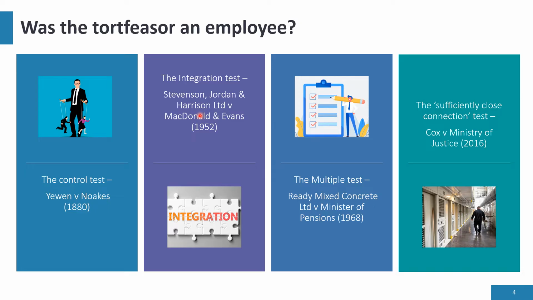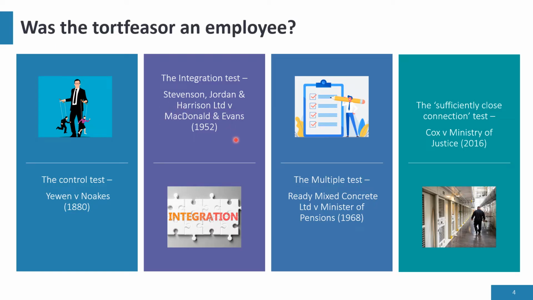The next test is the integration test, sometimes called the organisation test. This distinguishes between people who sign contracts of service and those who contract to provide services. Essentially it looks at how integrated the person is into the actual business. I've got a quote from Lord Denning here from the case of Stevenson, Jordan and Harrison v MacDonald and Evans.